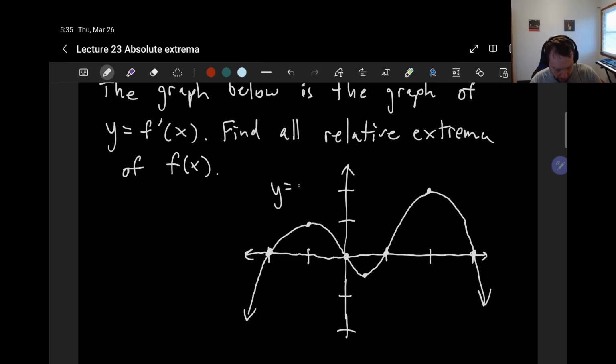So again, this is the graph of f prime of x. I do not know the graph of f of x. So this is a little bit different. It makes us think, which is a good thing. We're looking for the local maximums and local minimums of f of x.